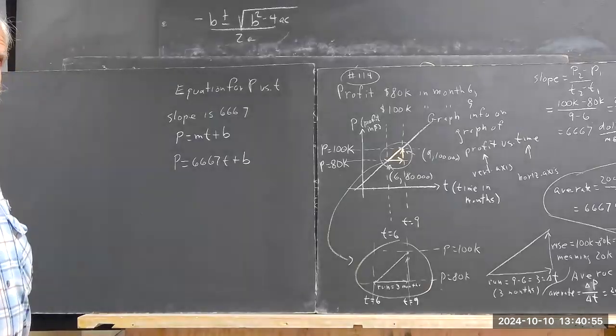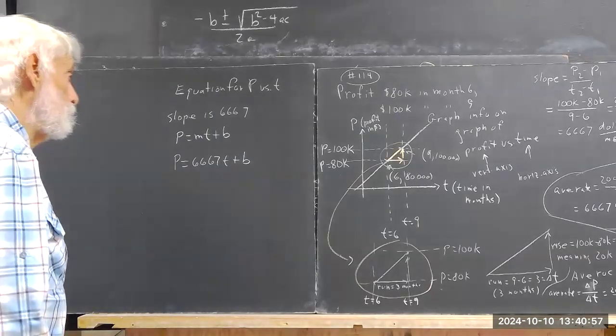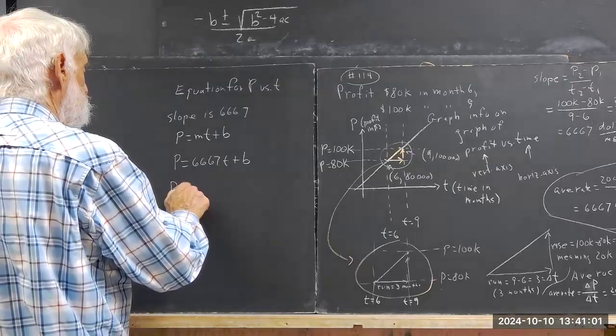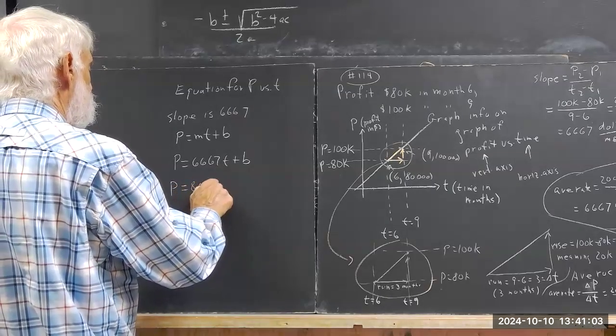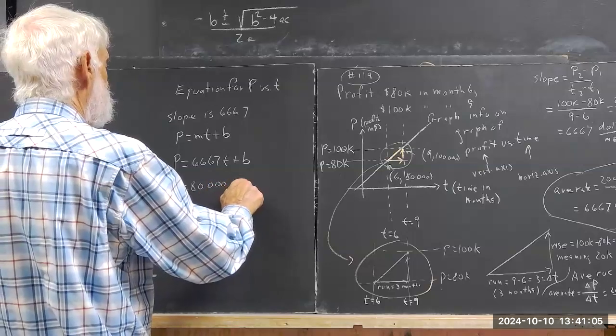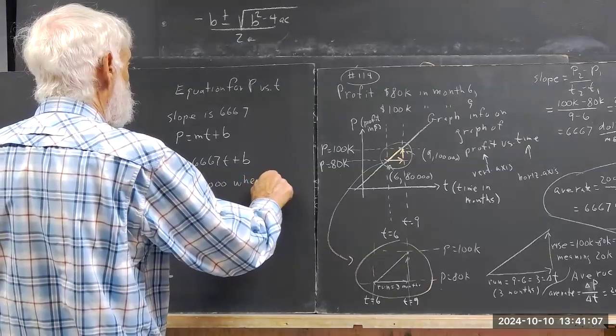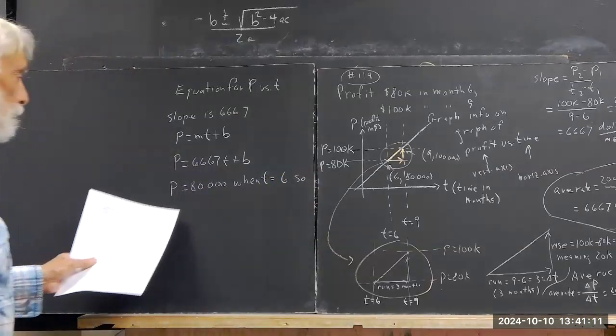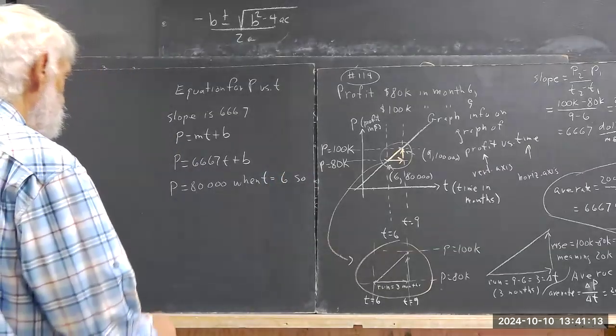So we have this. P equals 80,000 when t equals 6.